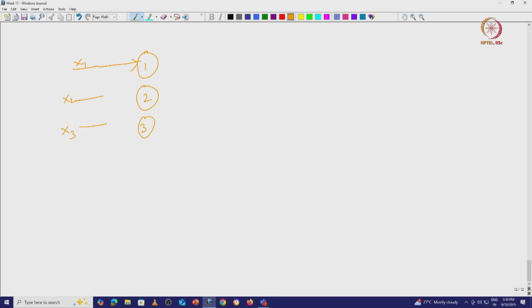X1 is connected to neuron 1 by W111, and W121, W122, W133, this is connected by W131, this is connected by W123, this is connected by W121. So, all these are connected and these are further connected, let us say to this. This is the output now Y.